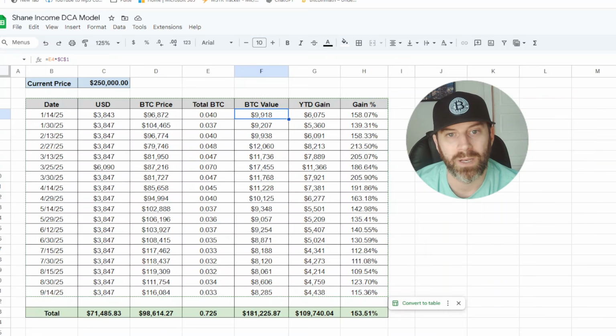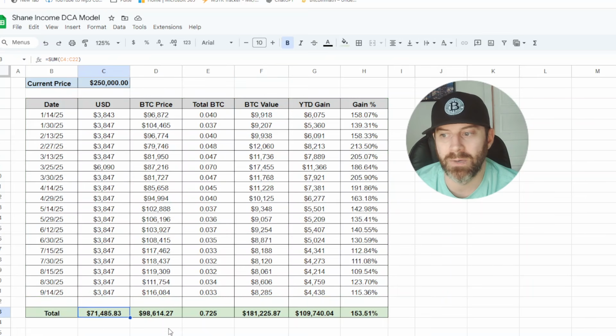So when Bitcoin hits 250K, assuming this was the end of the year, well, my $71,000 in income allowed me to acquire what is then worth $181,000 in Bitcoin, right? And that'll be close to $110,000 gain over what I was actually paid, representing more like 150% increase in my salary this year.